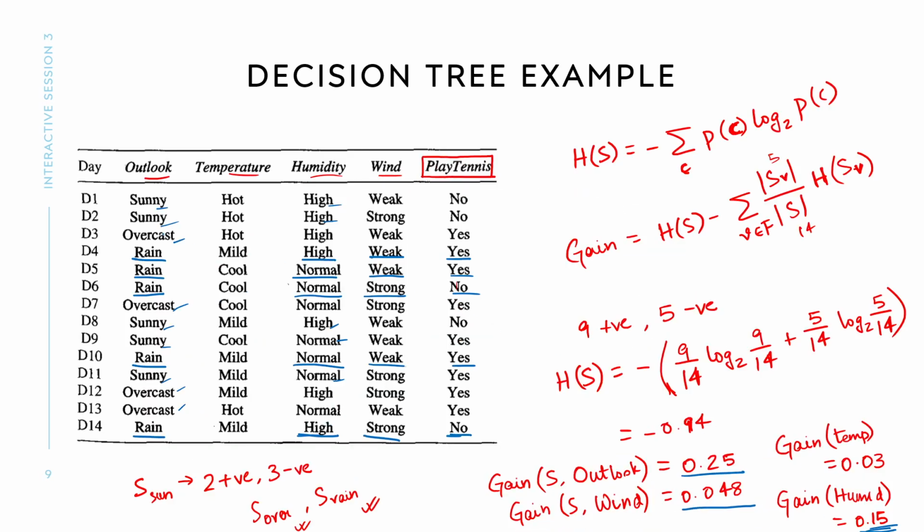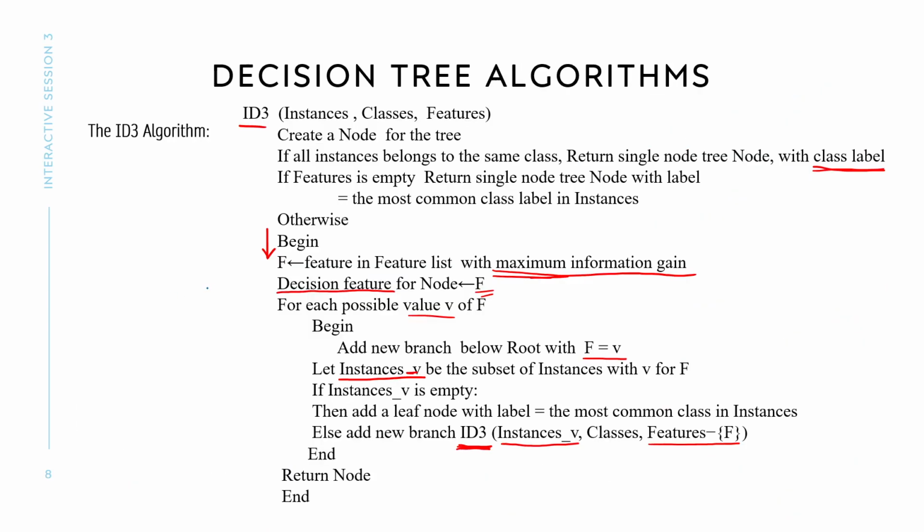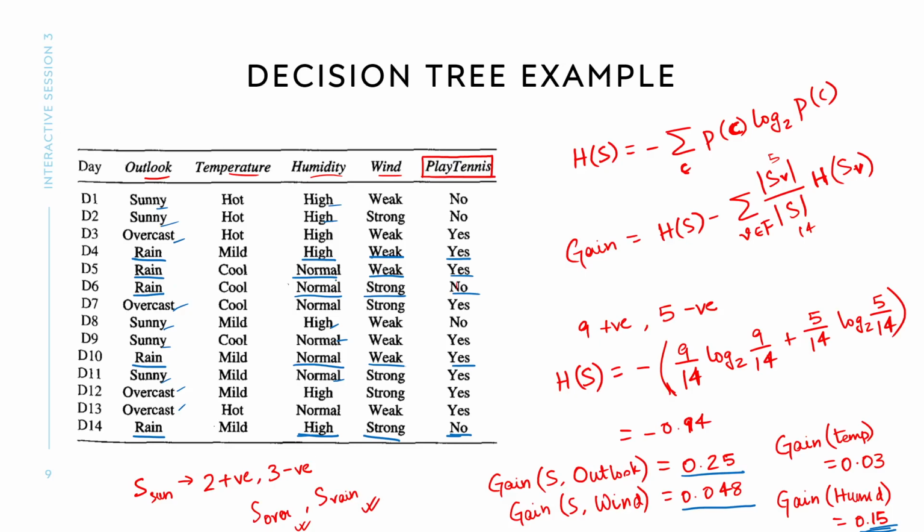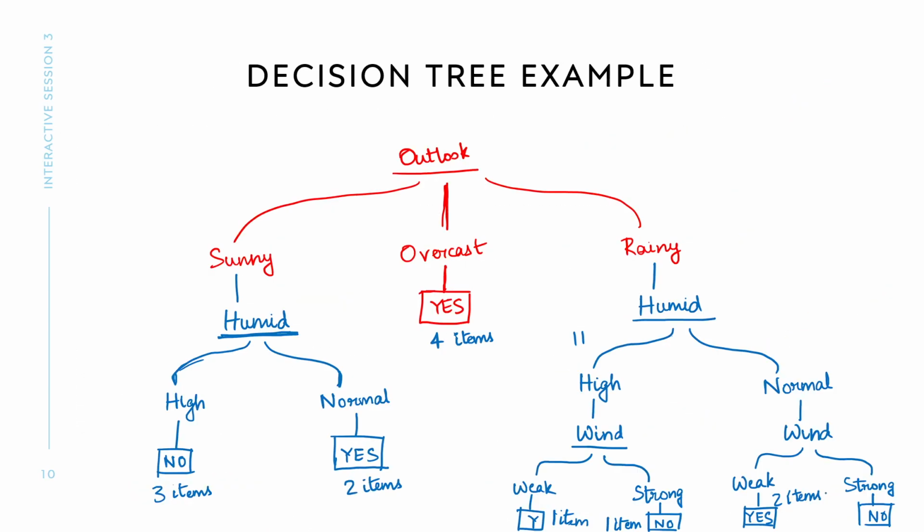Rain, normal and strong. So this has only one item. So matching a total of 14.